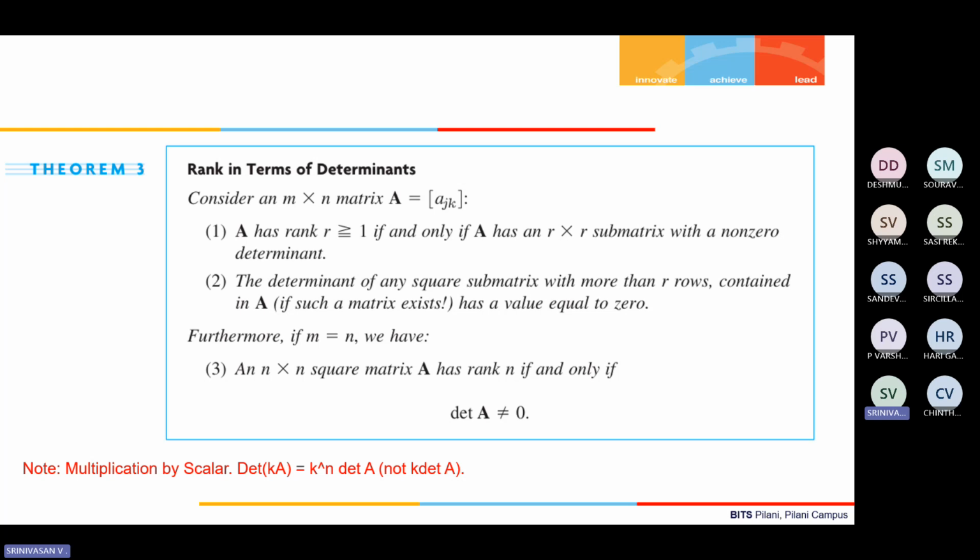You can take the third one and go for the fourth. Even if there is one square submatrix of order 2 by 2 whose determinant is non-zero, then the rank of the given matrix is 2.